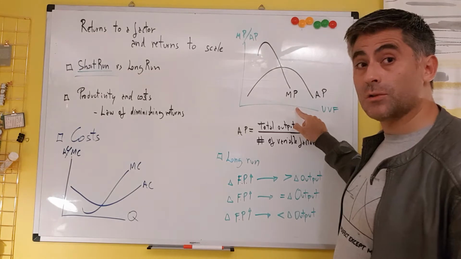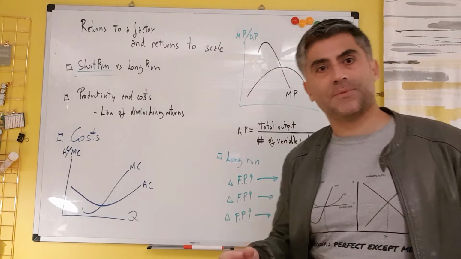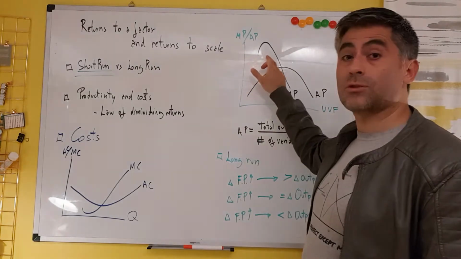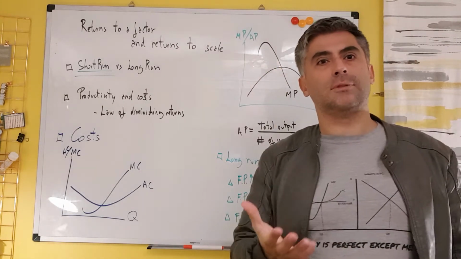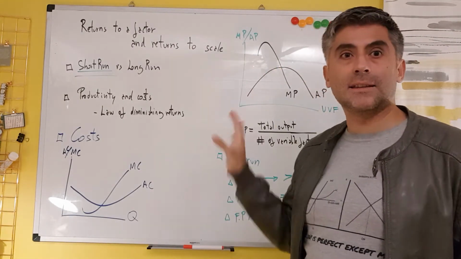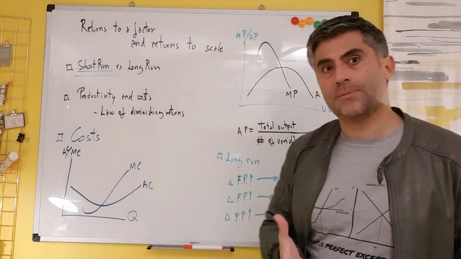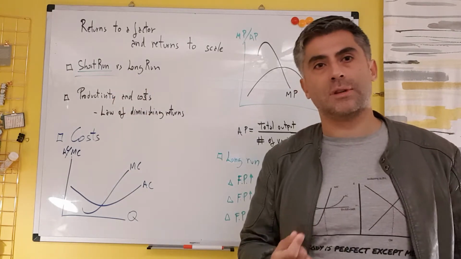Because as long as the marginal output is positive, then the total output will carry on increasing. However, it's increasing at a diminishing rate, because for every extra employee, the output becomes less and less. And again, it's not necessarily because they're not qualified, but in this instance, we're assuming it's because there's not enough capital for them to work with. That's the assumption when we're looking at the short run, because at least one factor of production is fixed.